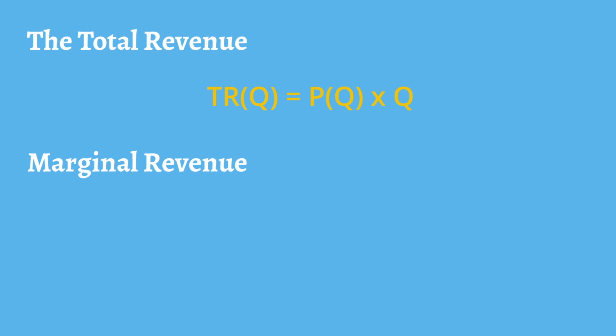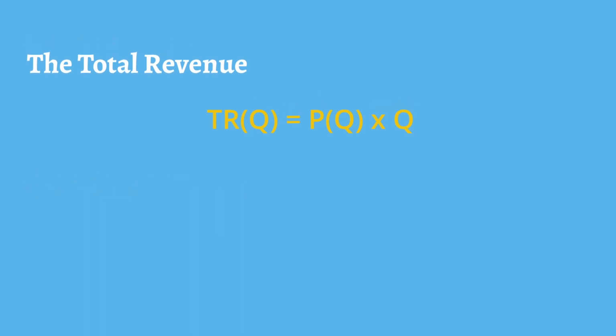The total revenue is P times Q. As you can see, we can express the total revenue as a function of Q, as the market price P is dependent on Q. We can find the marginal revenue by differentiating TR with respect to Q. MR equals dTR over dQ.